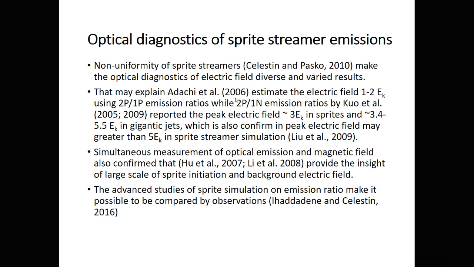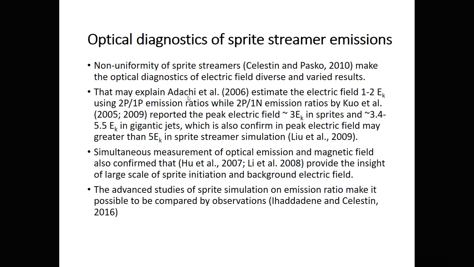Optical diagnostic of sprite streamer theory. In the last decades, there have been a lot of advanced studies. For example, in this paper, they identified the non-uniform sprite streamer. They can explain why using different emission bands gives different results.